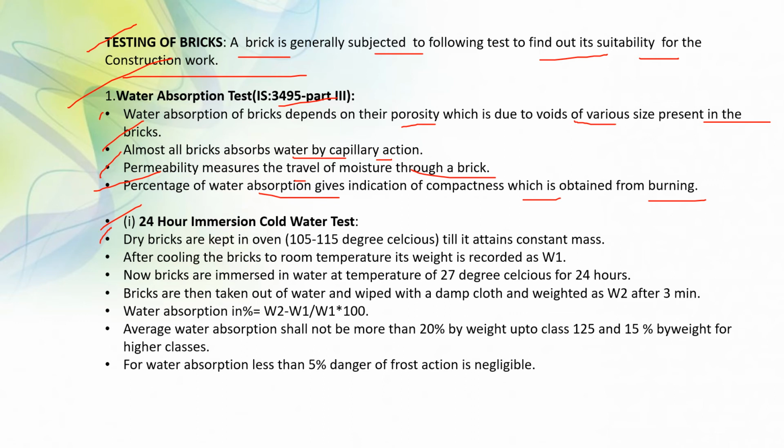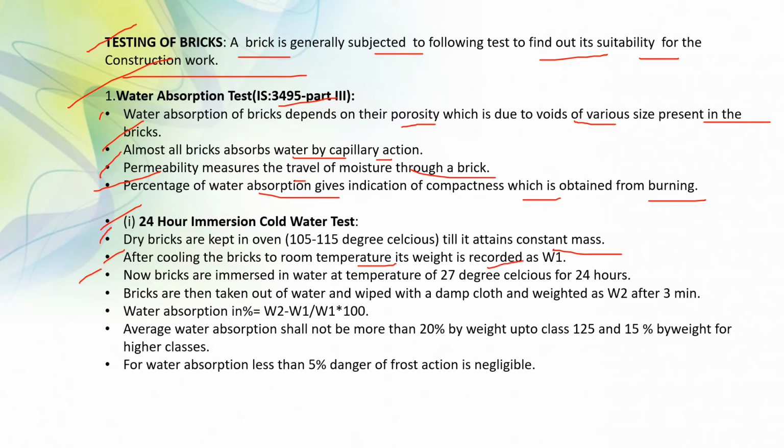Dry bricks are kept in an oven at 105 to 115 degrees Celsius till they attain constant mass. Next, after cooling the brick to room temperature, its weight is recorded.